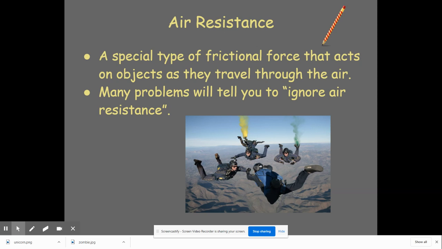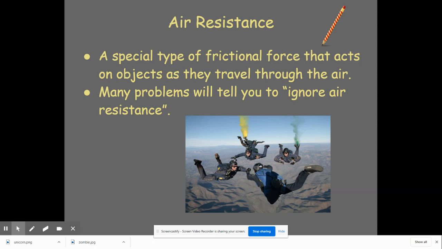It is actually a mixture of gases, one of which is oxygen, but it also has nitrogen and argon and some other things in there. But trust me, it's a thing. And so if these skydivers are falling through the air, there's actually friction created between their body and the air as they fall. So instead of just saying friction, we give it a fancy name because we're falling through the air. We say it's air resistance.